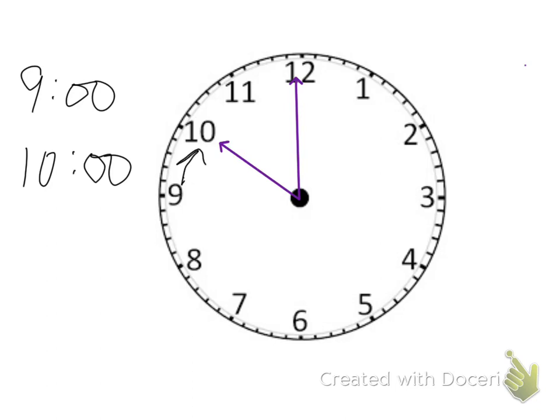Now, each of these little tick marks around the clock equals 1 minute. So let's count the minutes between the 12 and the 1 on the clock.